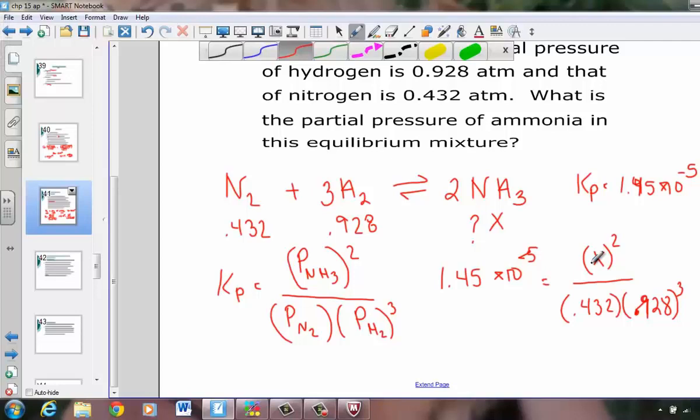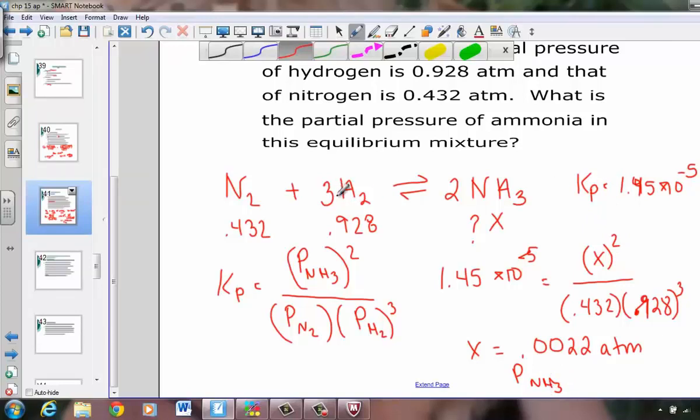So my key sequence: 1.45 e to the negative fifth power times 0.432 times 0.928 cubed equals, and my screen right now says 5 times 10 to the negative sixth, but remember that's x squared, so square root my answer, and my value for x is 0.0022 atmospheres. The partial pressure of ammonia at equilibrium.